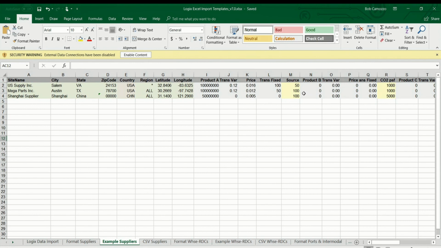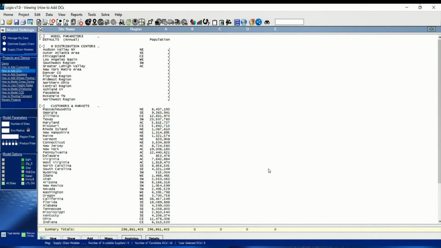For Megaparts, with 100%, Logix will calculate 100% product inflow to match the product outflows. These numbers can be set in any proportion.